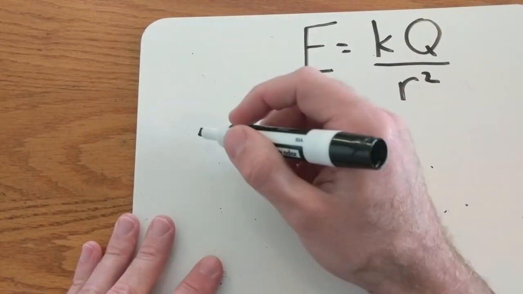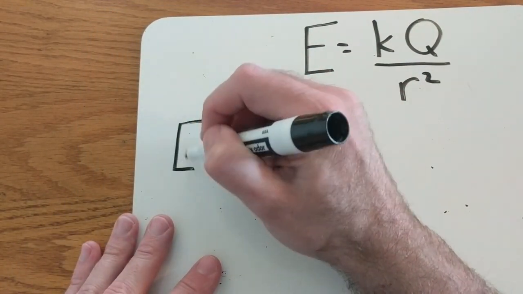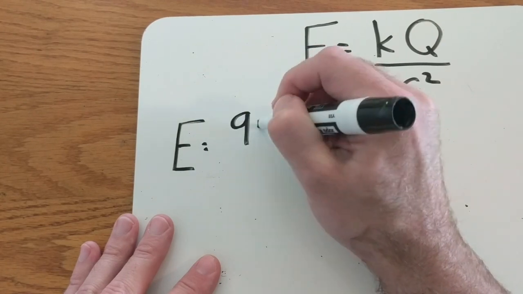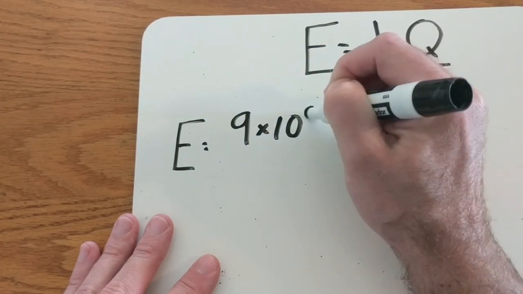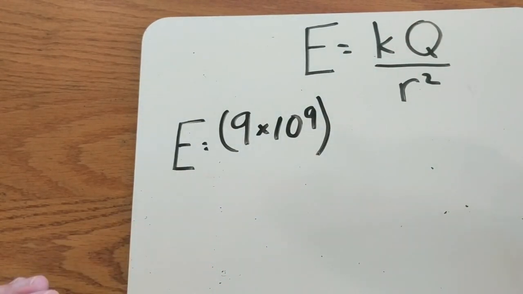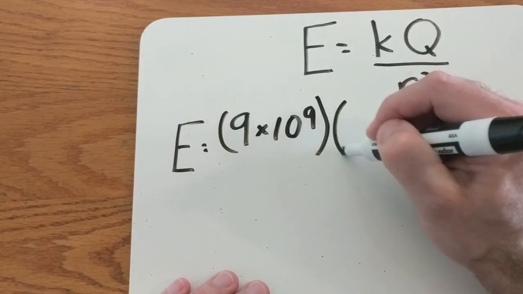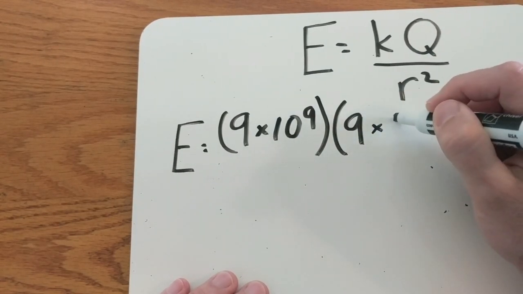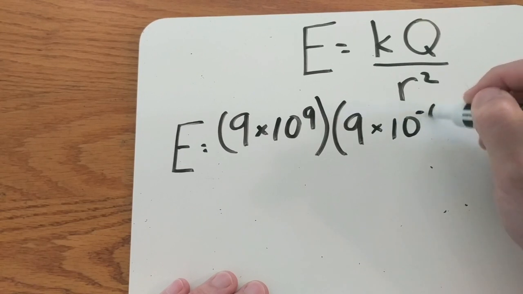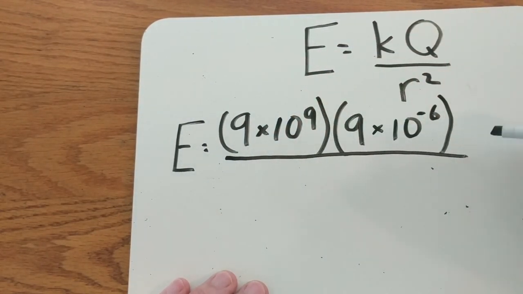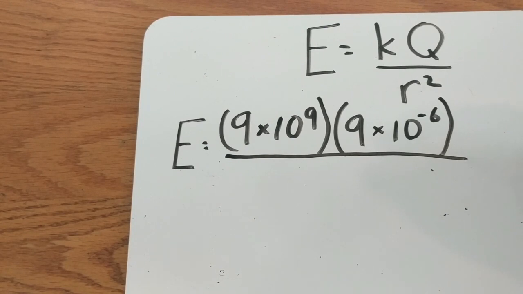All right, so we can plug in some numbers here. E is equal to K, which is 9 times 10 to the 9, still the same K. Our Q is 9 microcoulombs. So we write down our 9, and the micro part turns into times 10 to the negative 6. All right, notice again, I did not put in a negative number there.